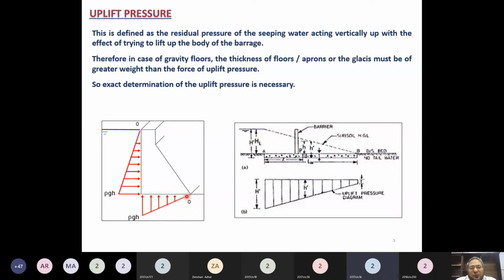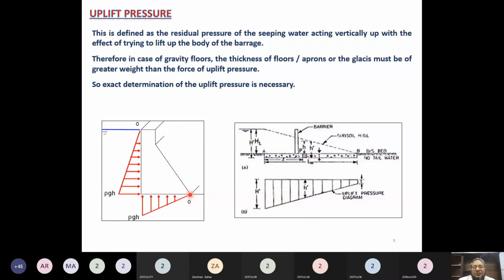What about the bottom of the dam? If the liquid is moving under this structure, the pressure at this point would be the same, gamma times H. And now it reduces towards the outlet point.